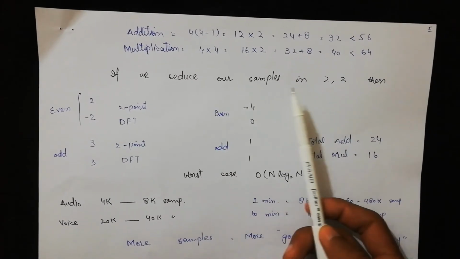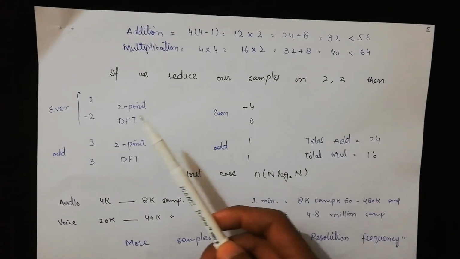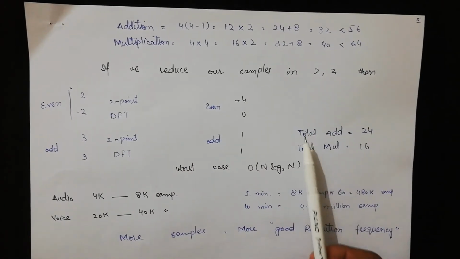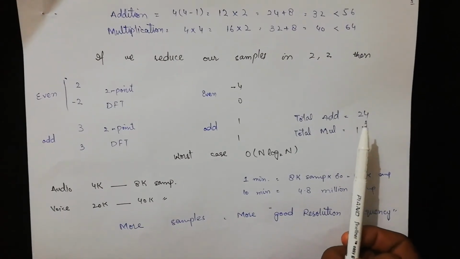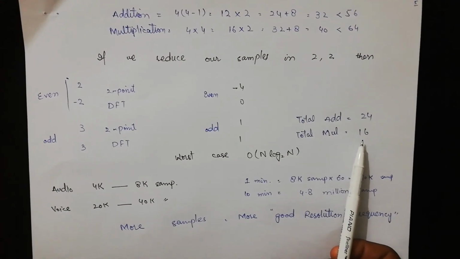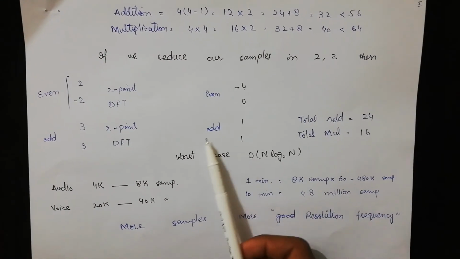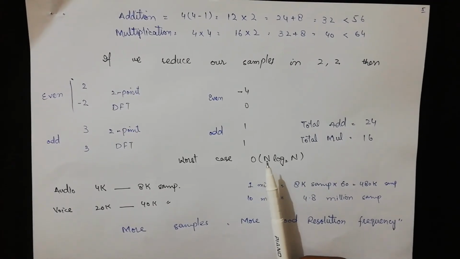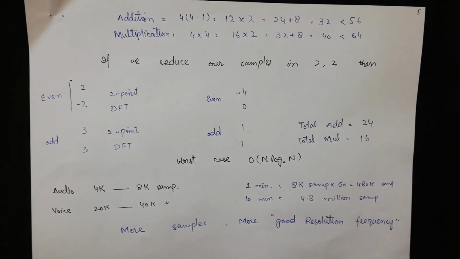If we reduce our samples into two values, then 2 even values, odd values, 2 even values, odd values, the addition rate further reduces to 24 and the multiplication rate reduces to 16. So the worst case analysis for this 8 sample signal is O of N log base 2 of N.